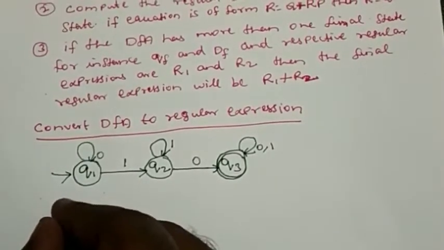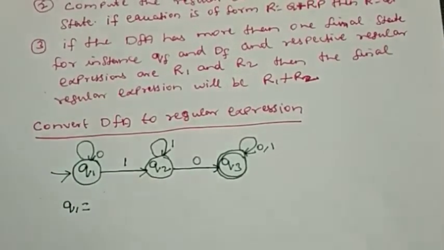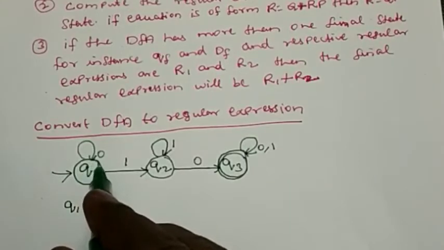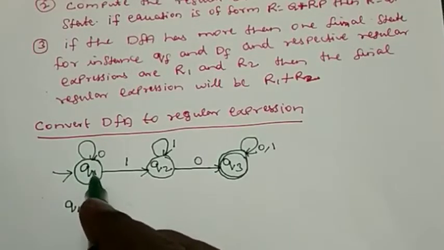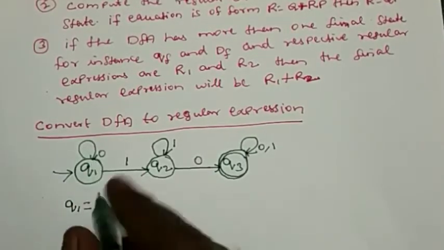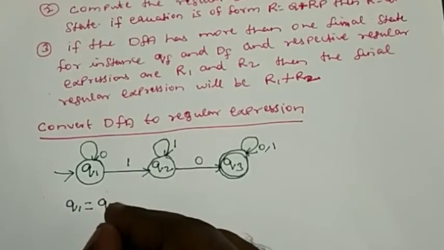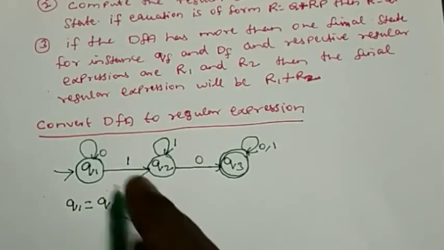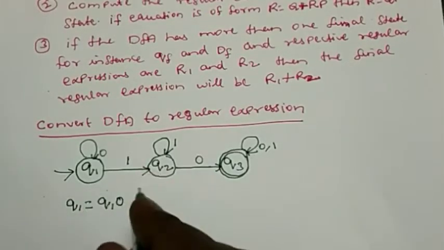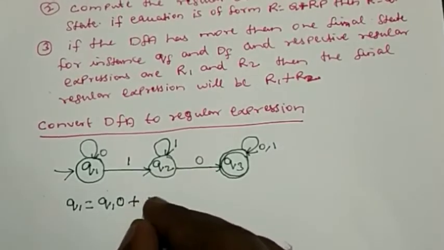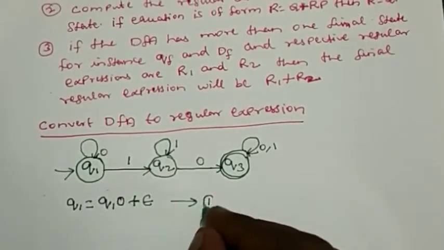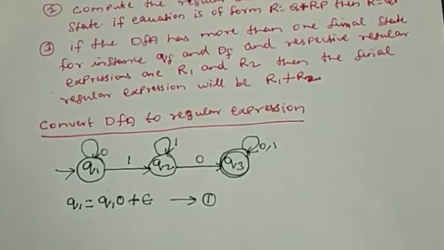See here, we will start with Q1, and you have to consider only the incoming edges. In Q1 we have only one incoming edge, which starts from Q1 and ends in Q1, and the input is 0 here. So Q1 0. Since Q1 is the initial state, just add epsilon. This state equation is named equation number 1.